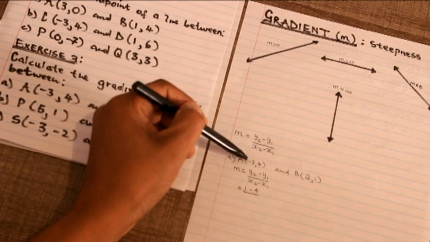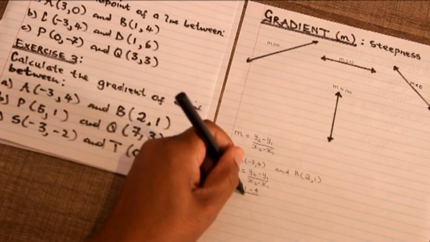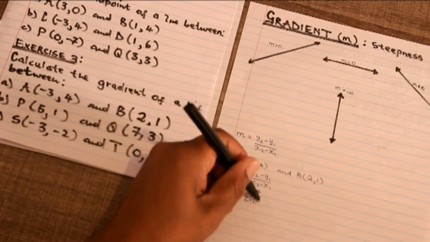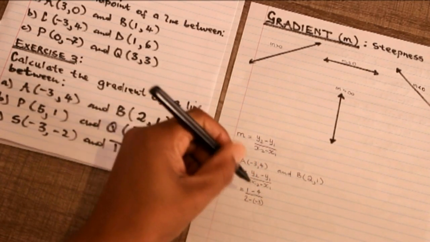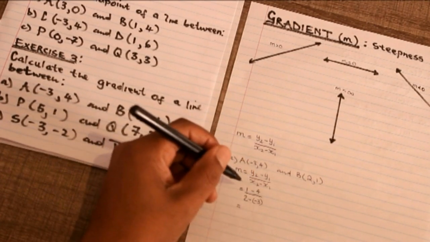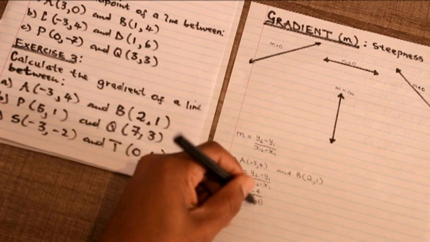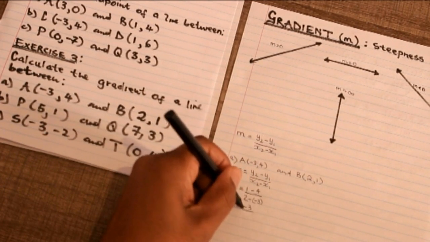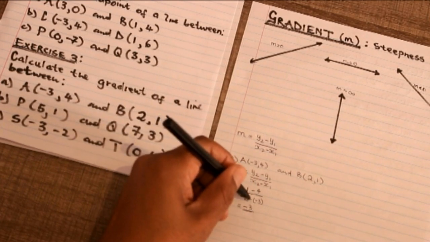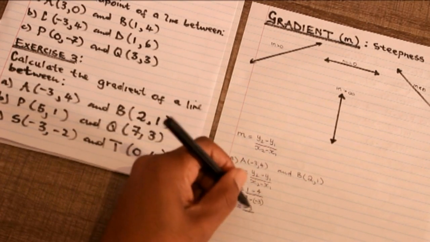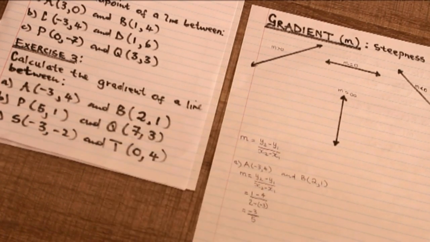It is 2 minus negative 3. I must not make a mistake there. 2 minus negative 3. This will be equal to, what is 1 minus 4? That will be negative 3, dividing 2 minus negative 3. Negative times negative is positive, and 2 plus 3 is 5. Therefore your gradient will be negative 3 over 5.